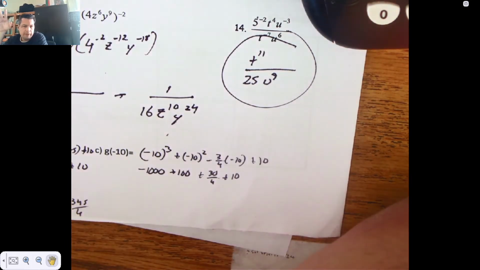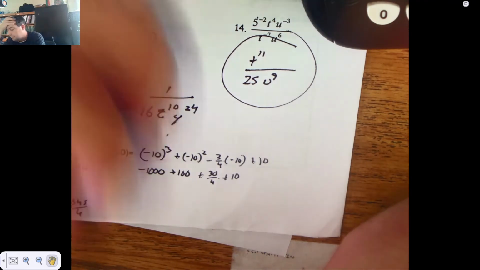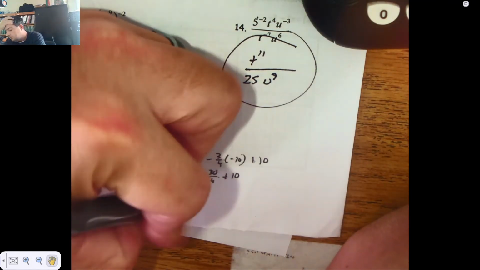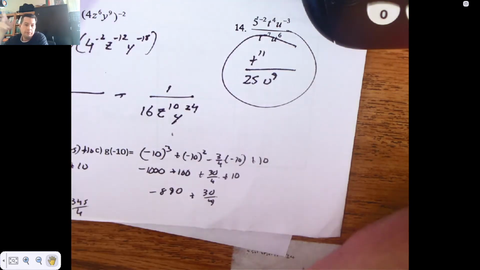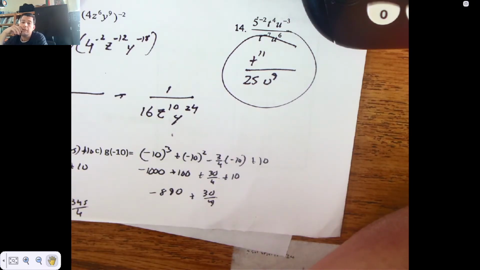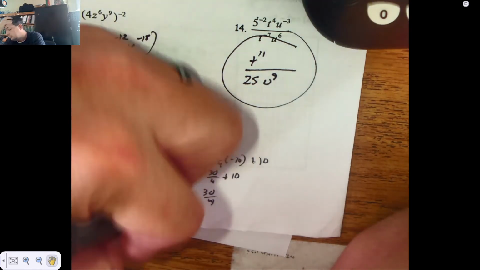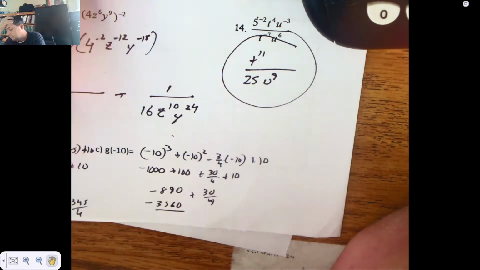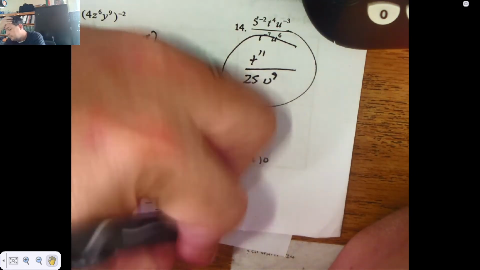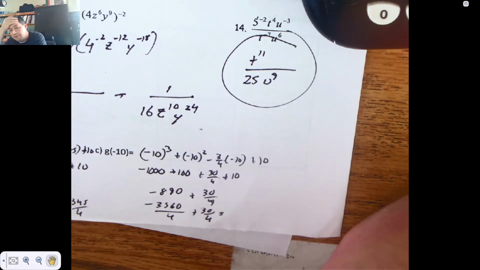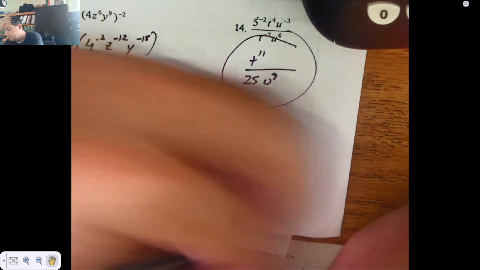We'll have -890 plus 30 quarters. If we multiply that -890 by 4, lost my place there. It should be -3560 quarters plus 30 quarters. That's going to be -3530 quarters.